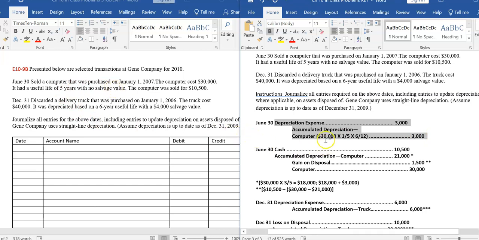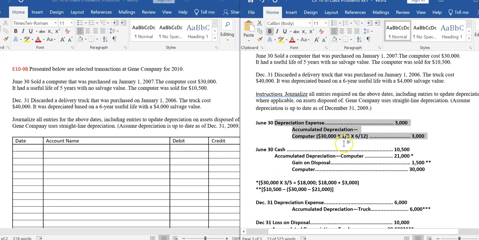Now let's figure out how much we would have depreciated this thing since we bought it. We purchased it in 2007, which means we used it for all of 2007, 2008, and 2009. We've used it for 3 years so far. That means we would have had 3 years worth of depreciation since we bought that computer.